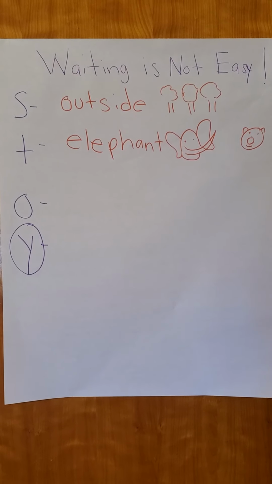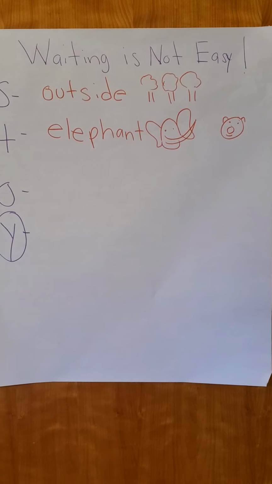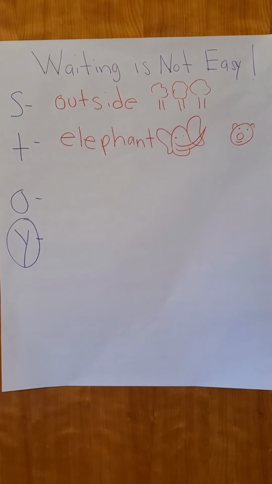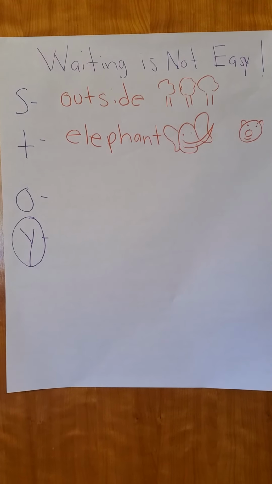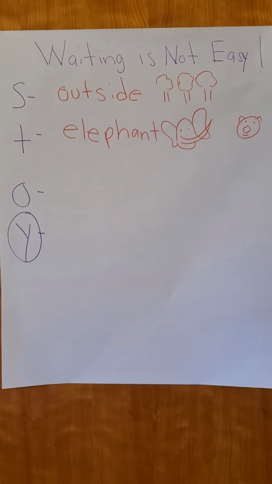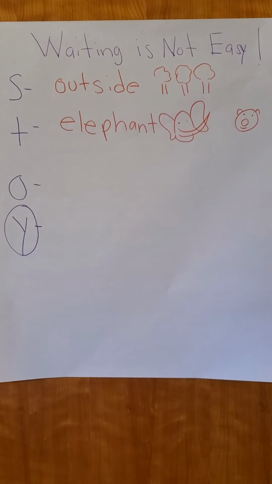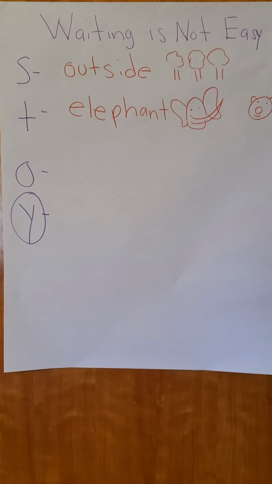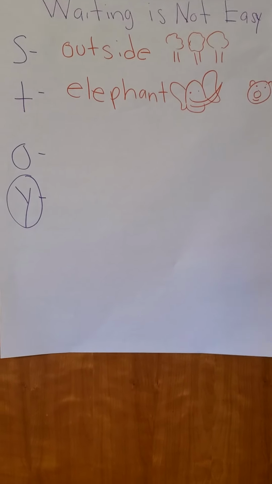When I think about the story, I think about Elephant and Piggy wanting to surprise his friend, and Elephant wanted to know what the surprise was right away. But he couldn't find out what the surprise was right away because it wasn't time yet. So I know that's the oops. That's the problem in our story. Elephant wanted to know what his surprise was.